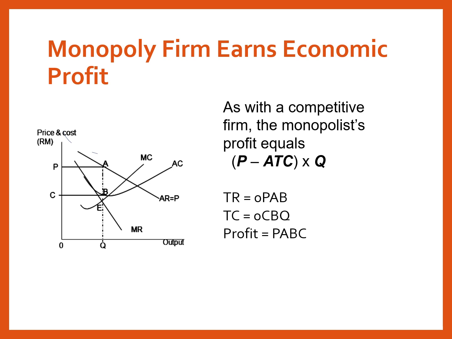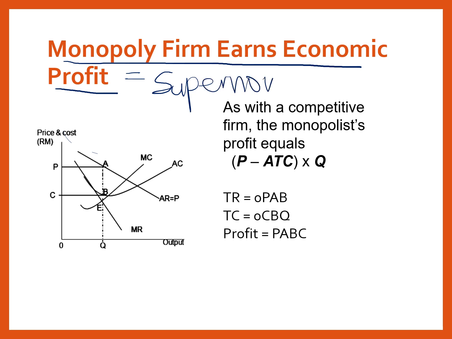Memang saya dah explain dekat previous slide, tapi kita go through balik. So this is monopoly firms that earn economic profit. The profit, kadang-kadang tadi kan saya cakap dengan awak, kita panggil sebagai super normal profit.